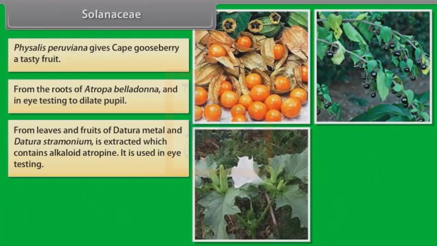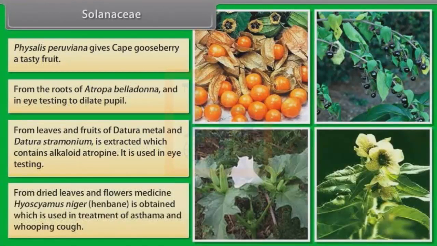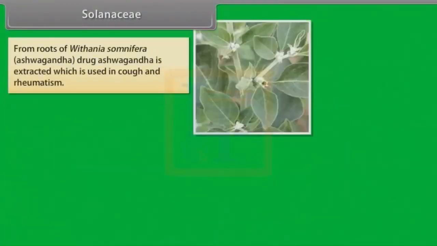It is used in eye testing. From dried leaves and flowers of Hyoscyamus niger, henbane, medicine is obtained, which is used in treatment of asthma and whooping cough. From roots of Withania somnifera, ashwagandha, the drug ashwagandha is extracted, which is used in cough and rheumatism.